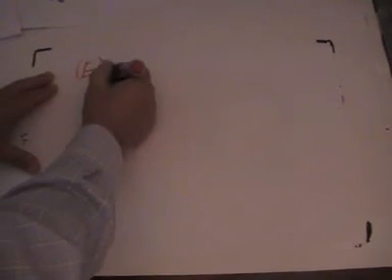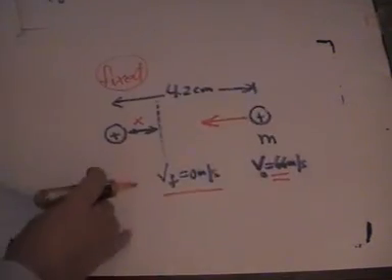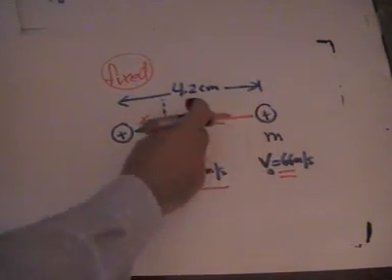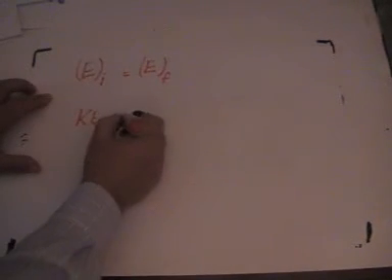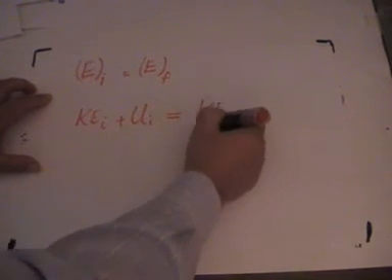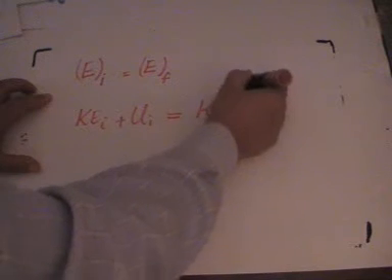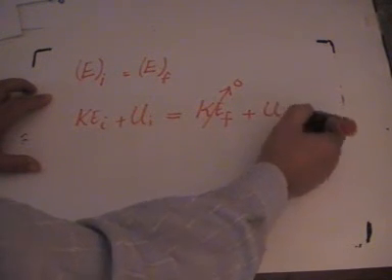So the total energy initial is equal to the total energy at the final position for the moving charge, because this is the moving charge and this is the fixed charge. Okay, so what do we have? We have the kinetic energy initial plus the electrostatic potential energy initial is equal to the kinetic energy final, which is equal to 0 because it's going to stop, plus the electrostatic potential energy final.